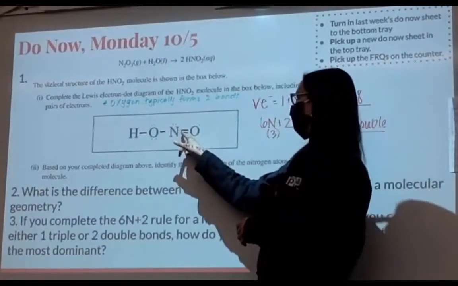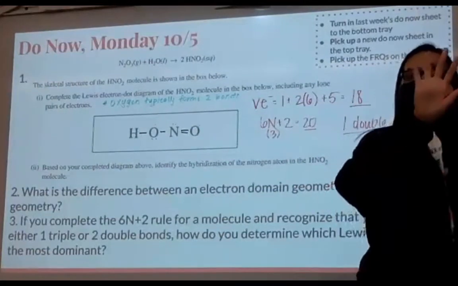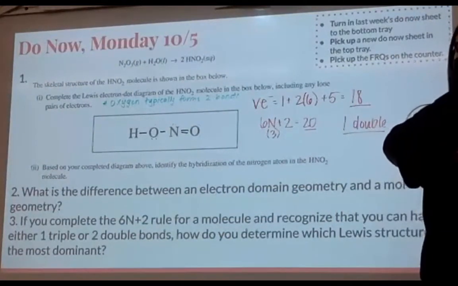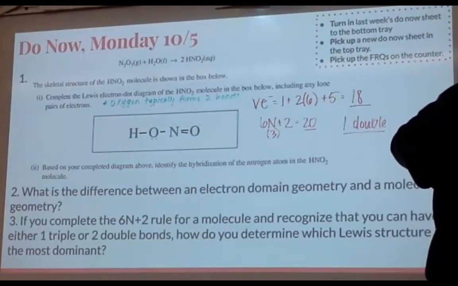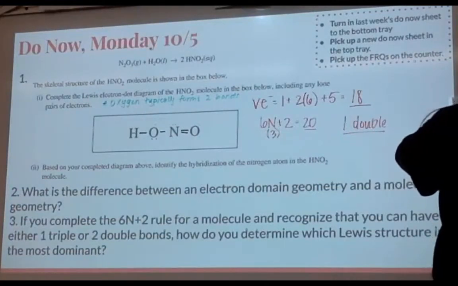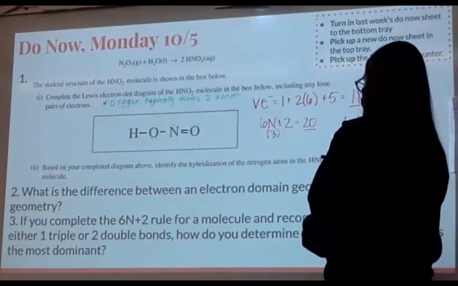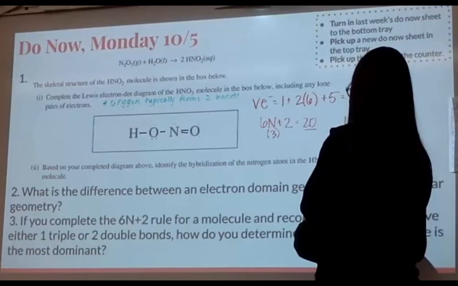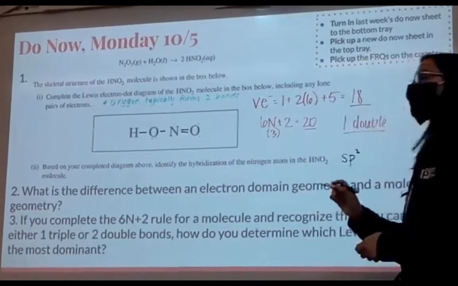So there's 1, 2, 3 areas of electrons. We said there's 1 s, and there can be up to 3 p. 1, 2, 3 is s, p, and p. That's sp2. So the hybridization of the nitrogen atom is sp2.